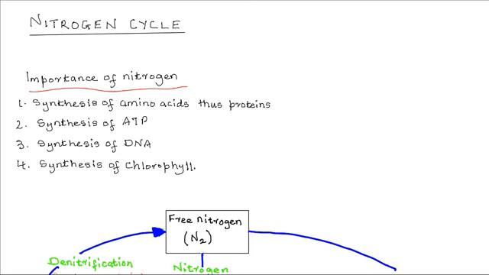Nitrogen is also important for the synthesis of ATP molecules that carry energy, and DNA, a type of nucleic acid that makes up the chromosomes. Nitrogen also forms part and parcel of the chlorophyll molecule, a photochemical molecule or pigment that absorbs light during photosynthesis.